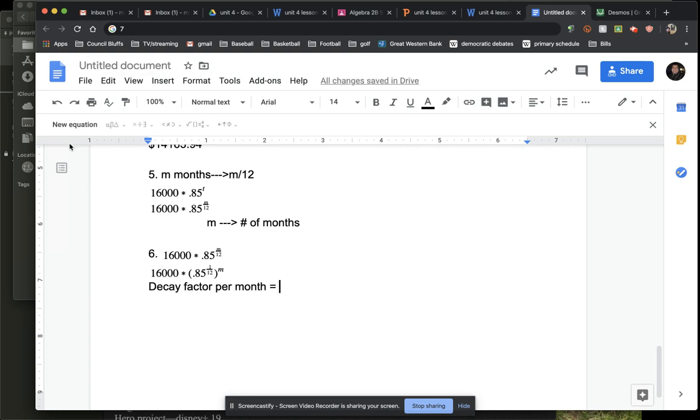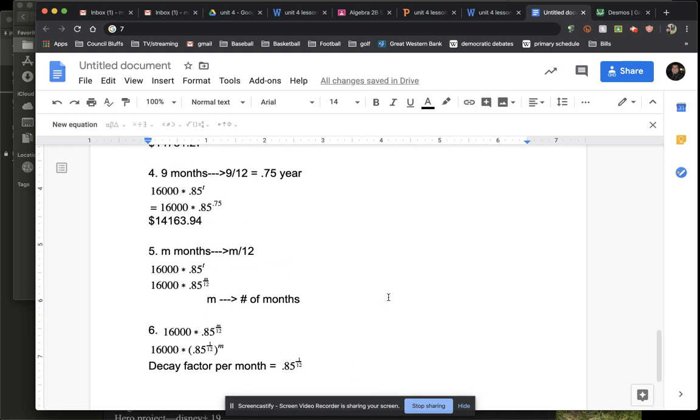It's going to be 0.85 to the power of 1/12. Whatever that value is, 0.85 to the power of 1/12 is the decay factor per month.